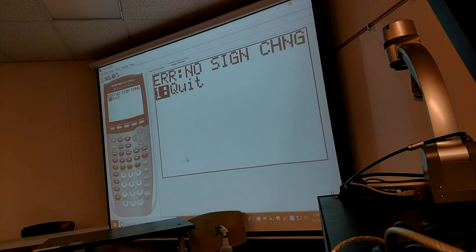That's the first thing the algorithm checks: am I going to waste any processing power for this crazy human doing this to me? I'm not going to waste any computing power because there's no sign change. How could there possibly be a root in there? It just used the intermediate value theorem. So I'm not even going to look. Is that cool? Okay. I like that error. It's beautiful. It goes right along with the idea. No sign change. Okay. Enough of that.